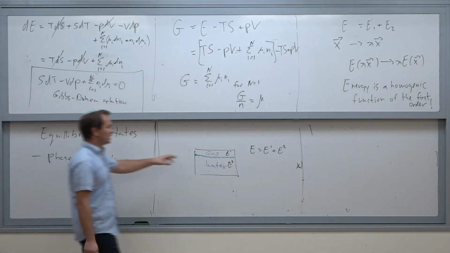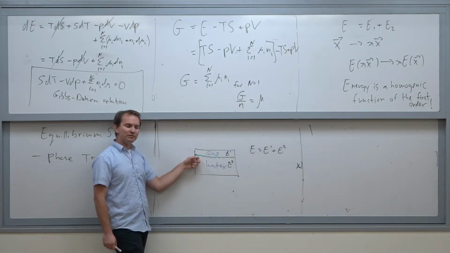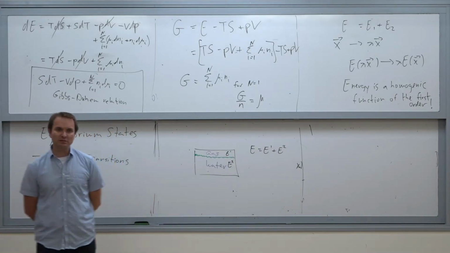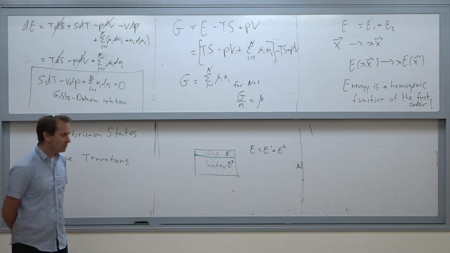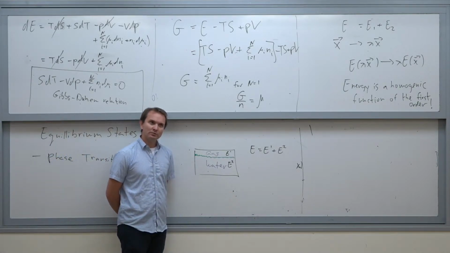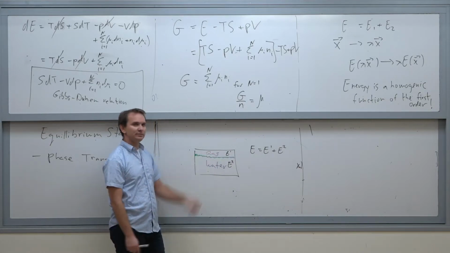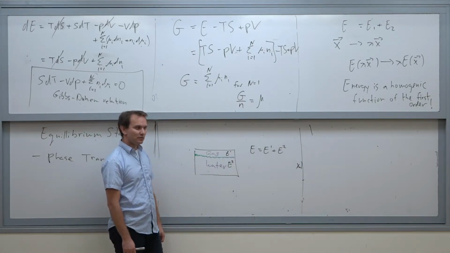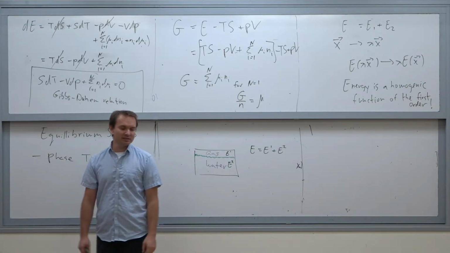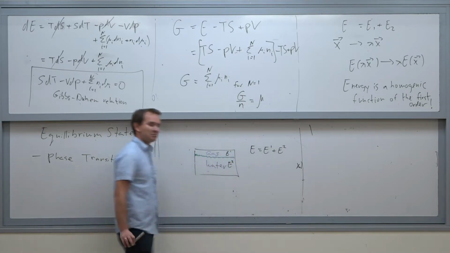I'm using this assumption of extensivity, but what if this interaction energy between the two systems is actually important? It can be really important, because the interaction may depend on the size of the interface, right? So do I actually neglect something when I'm using this assumption of extensivity?